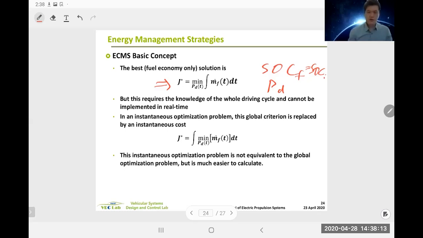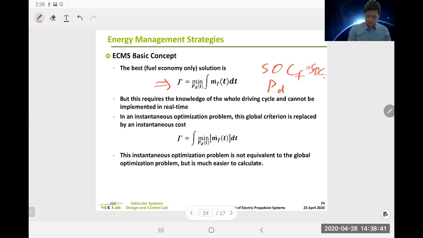But these are not in the cost function, right? So we need to somehow handle those things. And how do we handle that? That depends on control theories, and you will see how different control theories can handle these two things.